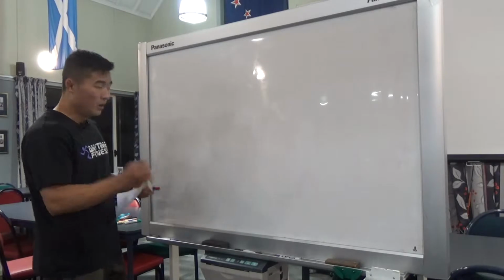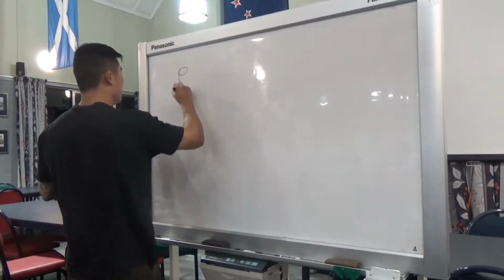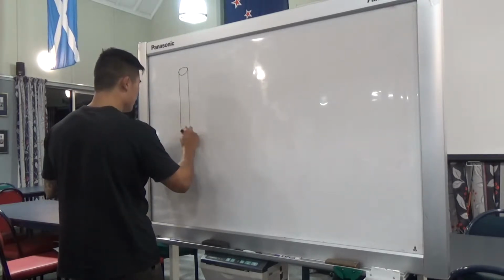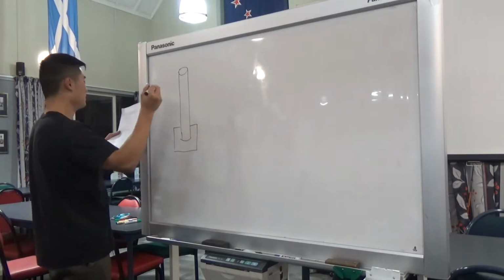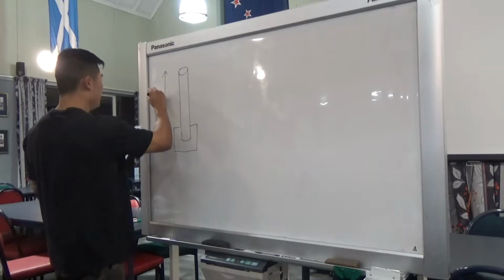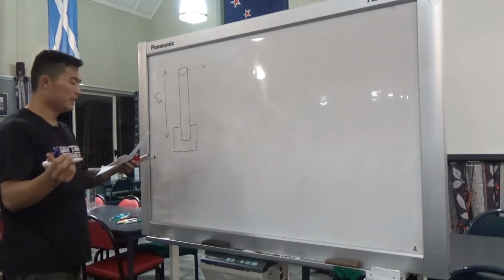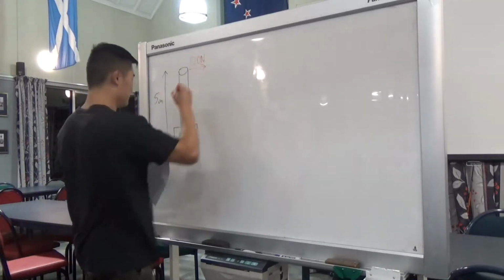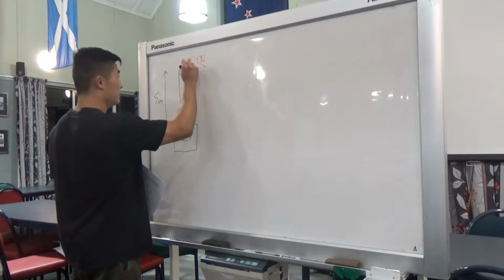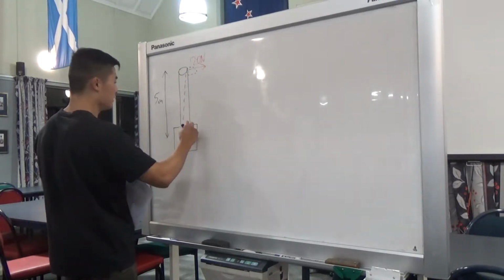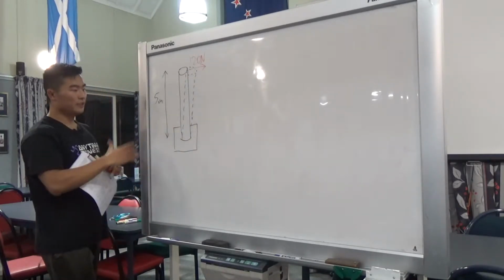So we've got a cylindrical pole, and it's 5 meters high, and we've applied a force horizontally, and that's 120 newtons, and so that means the pole is going to move, so it's going to move like that.